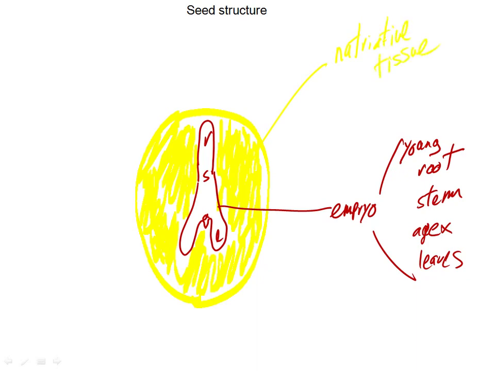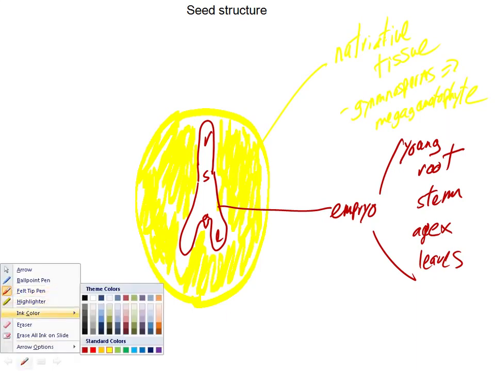Its nature differs in the different groups. In the gymnosperms, it's the megagametophyte. In the angiosperms, it's different, and it's a little more complex, so we're going to leave that aside for right now. So for right now, we'll just know in the gymnosperms, that nutritive tissue surrounding the embryo is the megagametophyte. And that makes perfect sense, right? Because the embryo grows out of the megagametophyte.